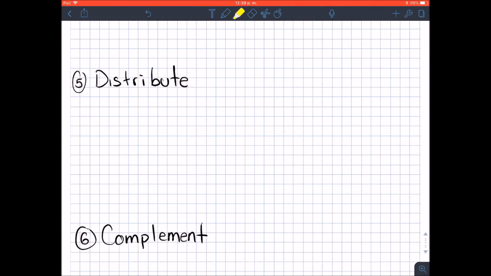Postulate number 5 is about the distributivity of AND over OR and OR over AND.